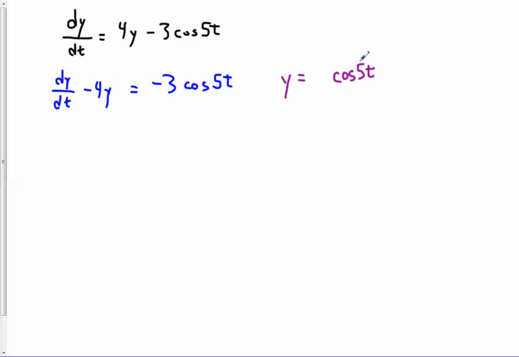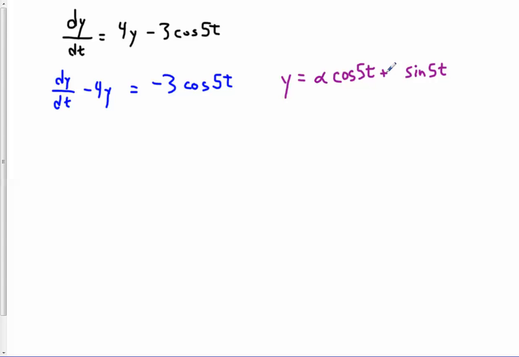Now, if y is cosine of 5t, I know that my derivative is going to therefore have a sine in it. If I just went with cosine, I'll have cosine here, I have cosine here, but then this guy will have a sine that's not over here. So what I'm going to do is include a sine of 5t as well.